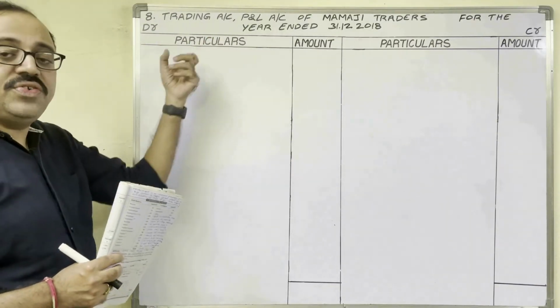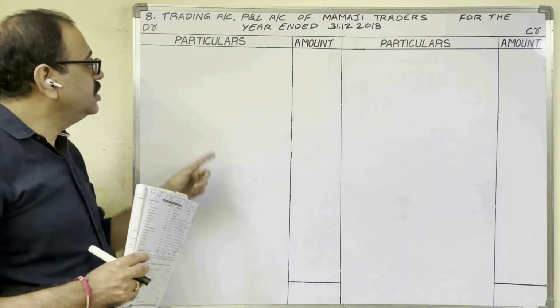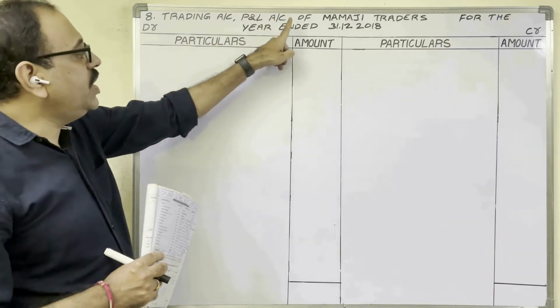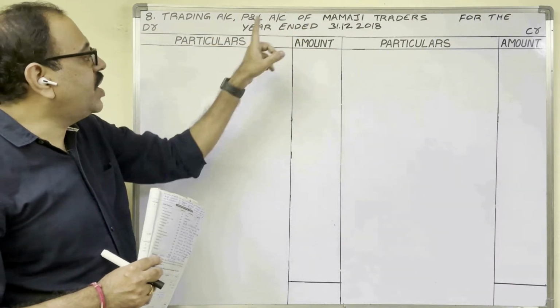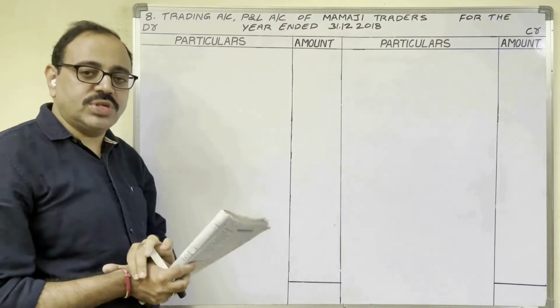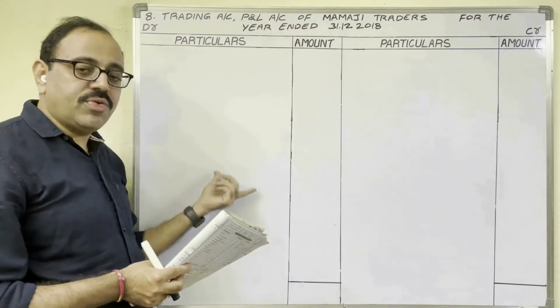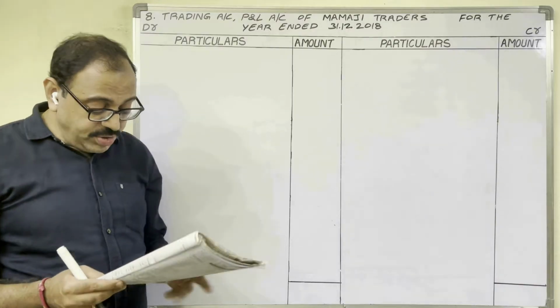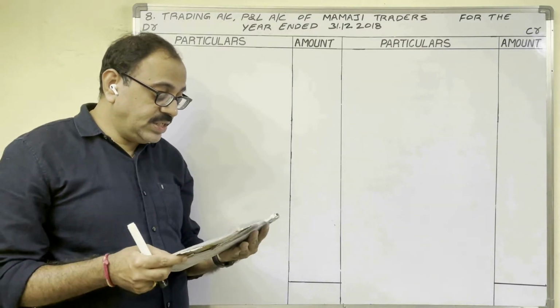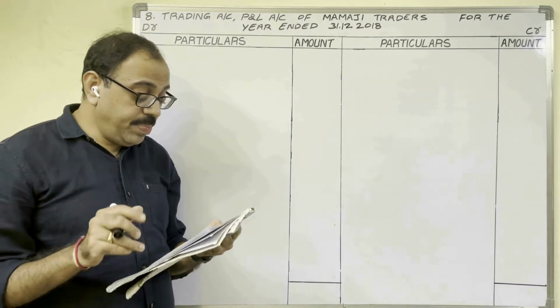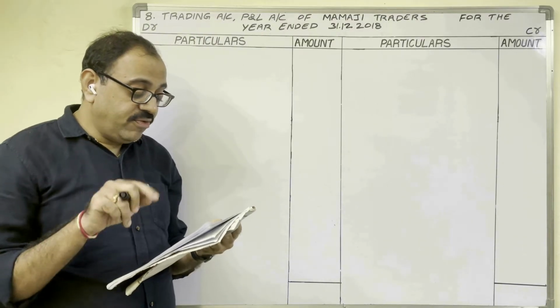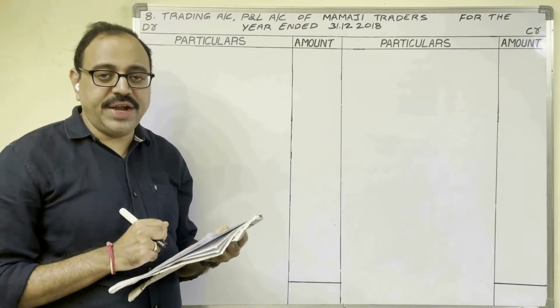This is a heading for trading account and profit and loss account. Trading account, profit and loss account of Mamaji traders for the year ended 31st December 2018. First trading account we prepare. We have to start with opening stock now. In trial balance debit column, opening stock in brackets 1/1/2018.